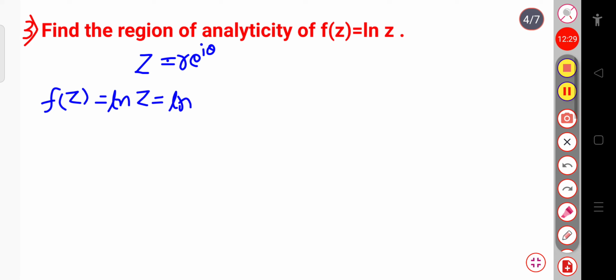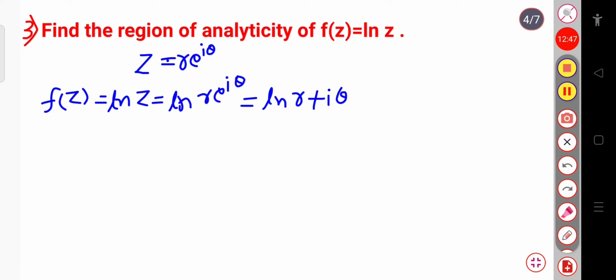Okay. This is in the form of log(a·b), so we can separate these two terms, that is log a plus log b, that will be equal to ln r plus iθ. Okay.